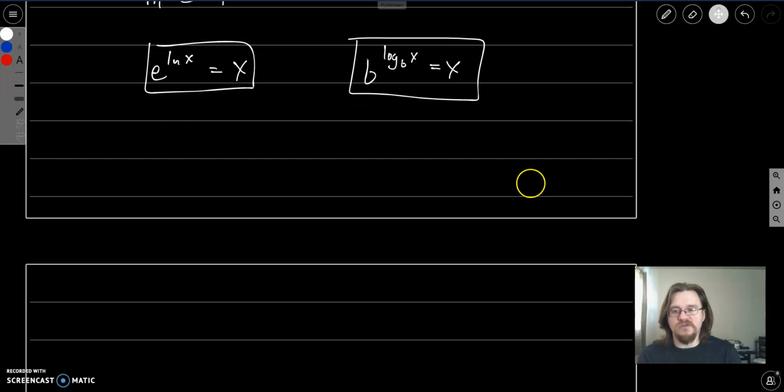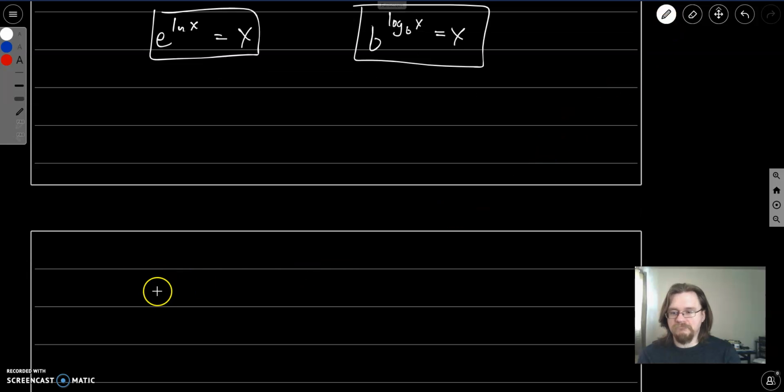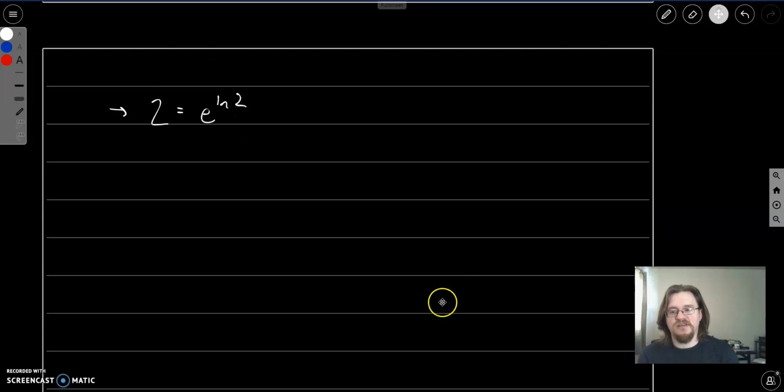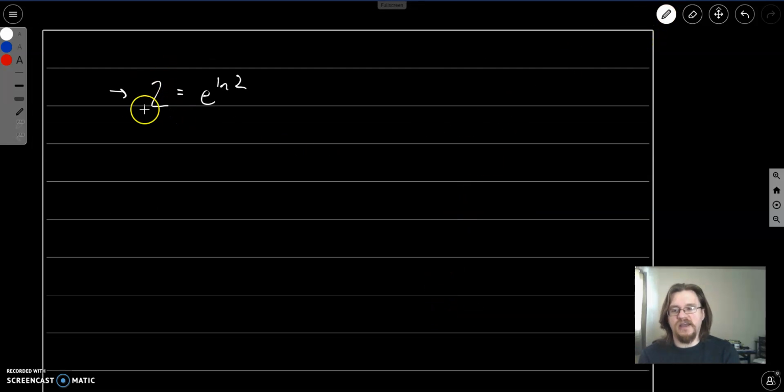So what I could do is I could say the following. Let's say 2 is going to be equal to e to the natural log of 2. So if we look at this equation here, I can write 2 as e to a power.